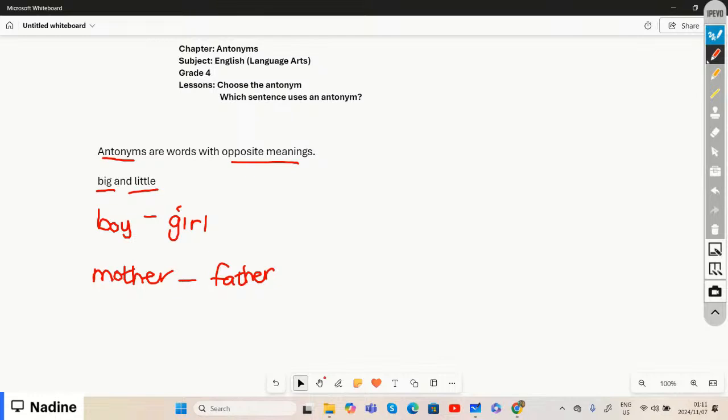So these are things that are opposite. It's either big or it's little. It's either boy or it's girl. It's either black or white, hard or soft. What is the opposite of black? If it's not black, it is what?